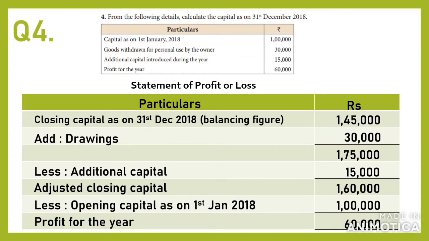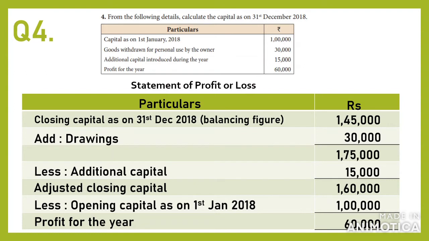So this is your closing capital. Now you just do a quick check. 1.45 plus 30 gives you 1.75. 1.75 less 15 gives you 1.6, and then 1.6 minus 1 gives you 60,000. Fine, which means your calculation is perfect.